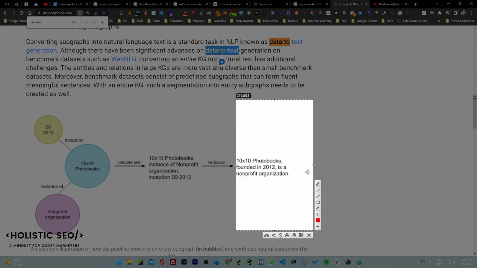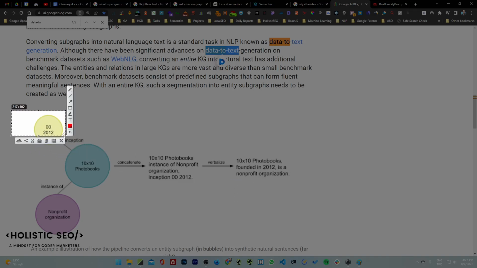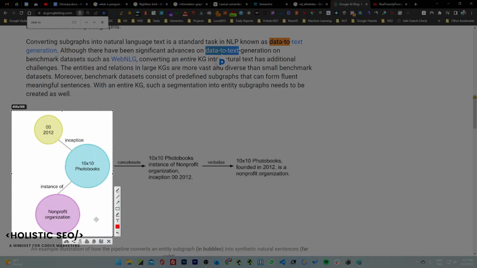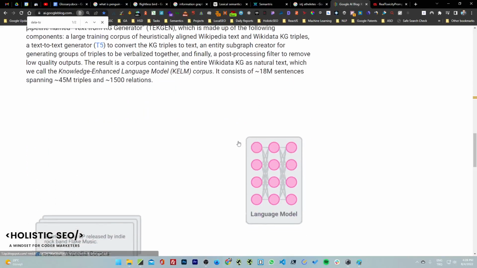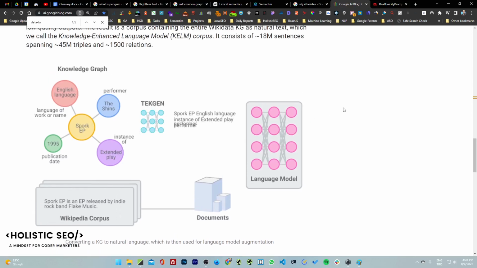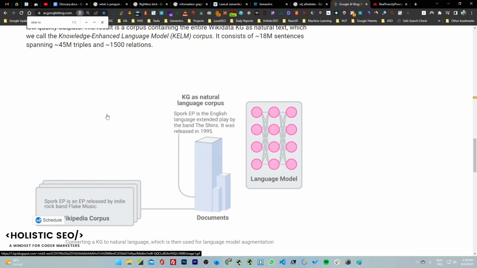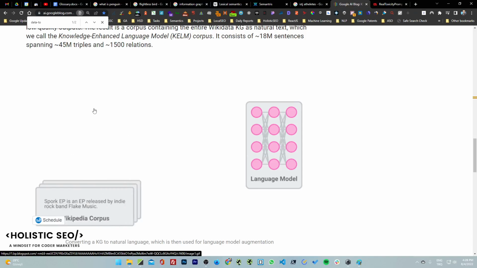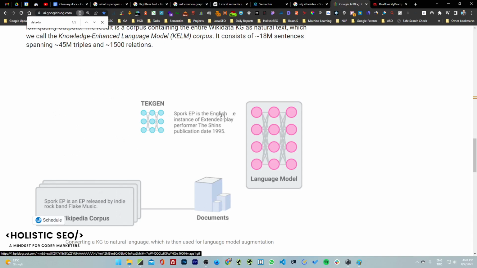So this is a definition that we have done for defining this specific entity, and this is a knowledge graph sample, or information graph, that we can actually create from this sentence. And when you create this information graph, it means that the search engine can understand your accuracy even further. Because when you look at here, we have another knowledge graph, and it says English language, The Shins, extended play, etc. They take the relations, then they verbalize it.